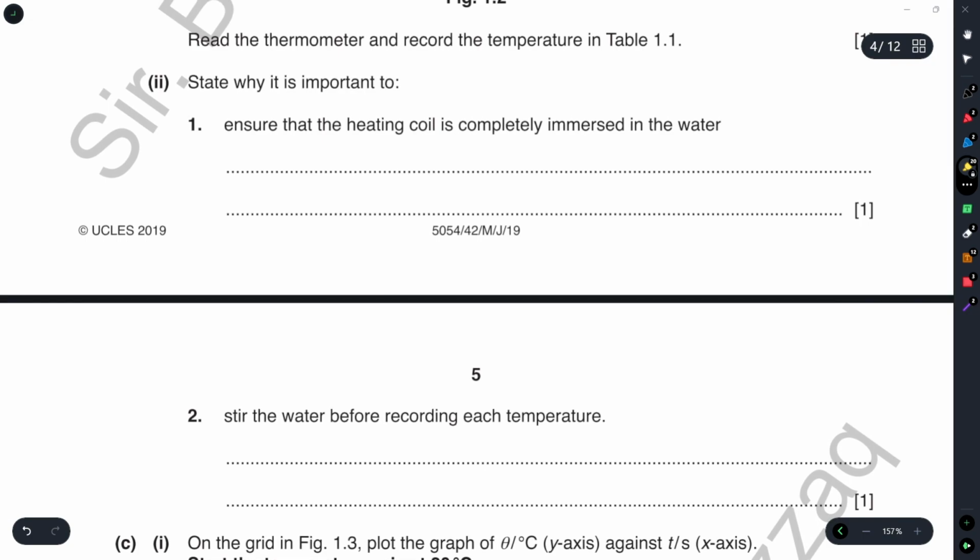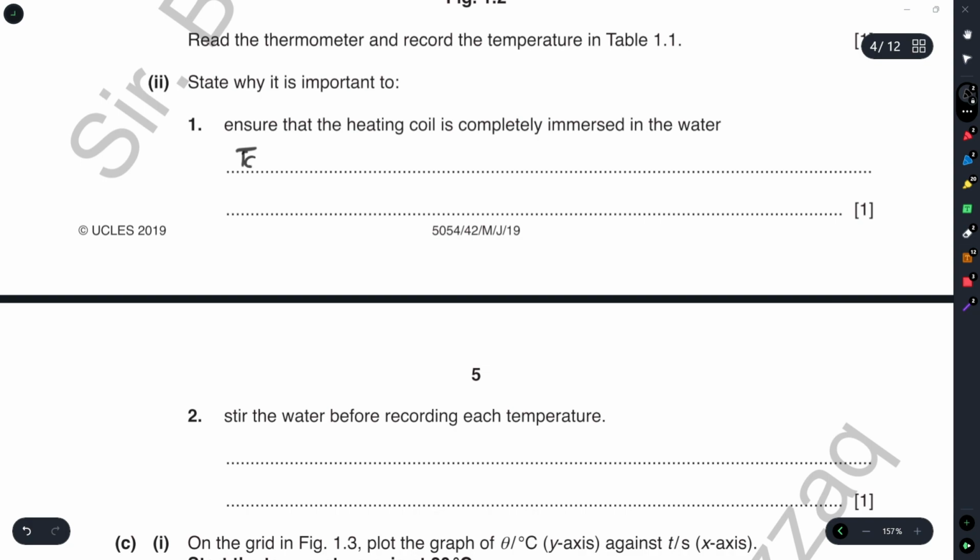Now the question says, state why it is important to ensure that the heating coil is completely immersed in water. Obviously, we want all the energy to be transmitted to water, hence your heating coil needs to be completely immersed in water. If it is not completely immersed, there will be loss of heat.